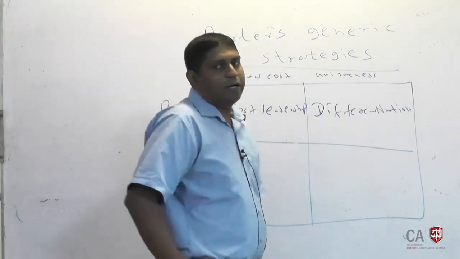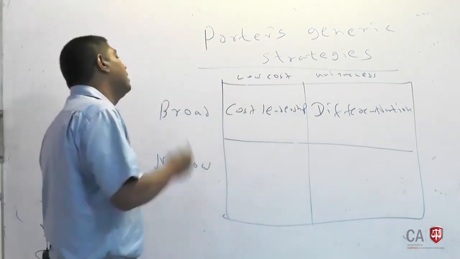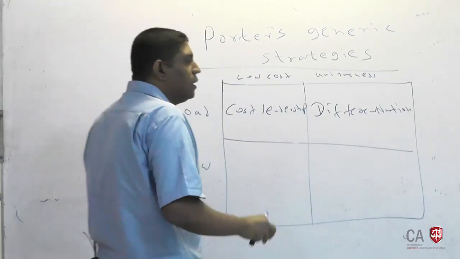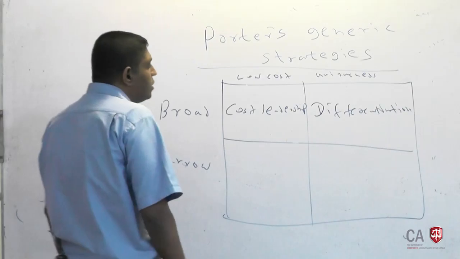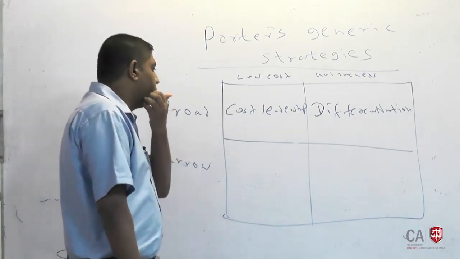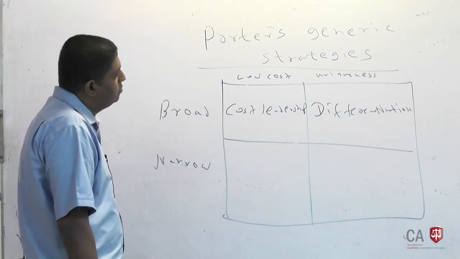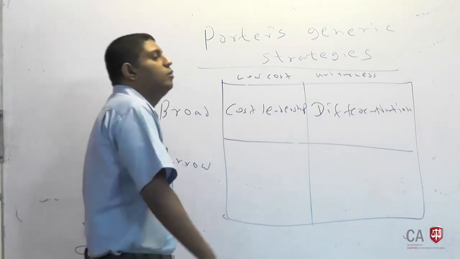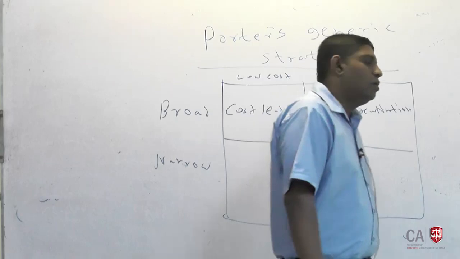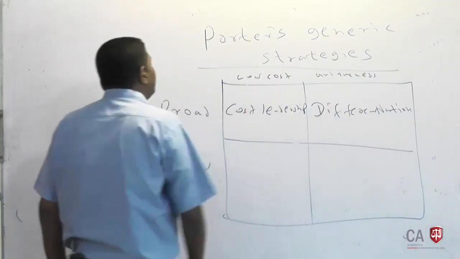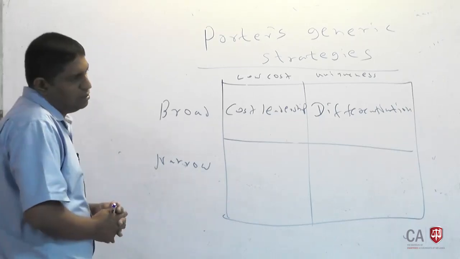For example, you are trying to offer a high quality product to the marketplace. By offering a high quality product, you try to communicate to the customer that your product is better than the other products available in the market. In that scenario, customers may be ready to pay a price premium to buy the products. These are the two main strategies actually, cost leadership and differentiation.